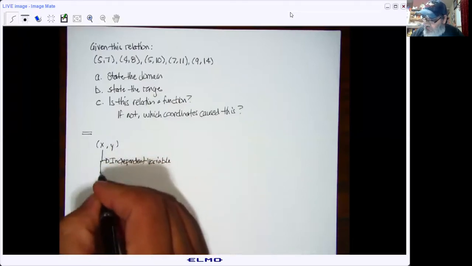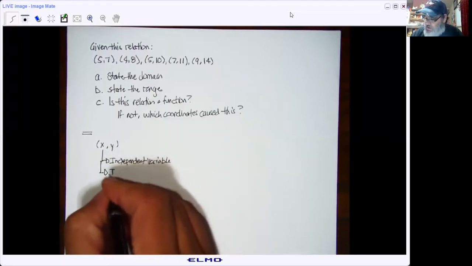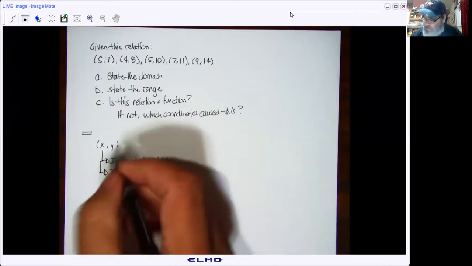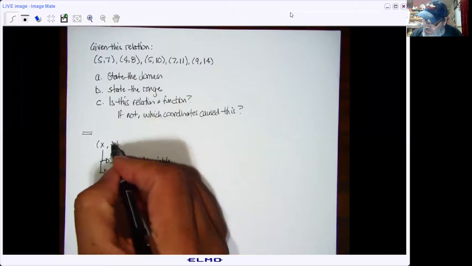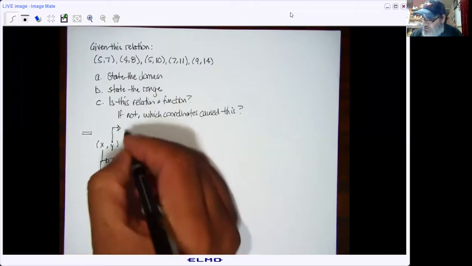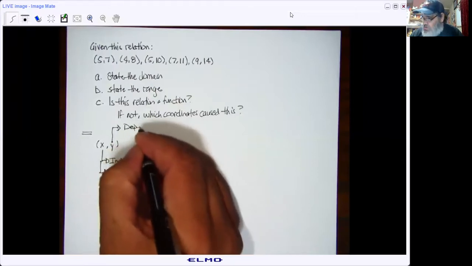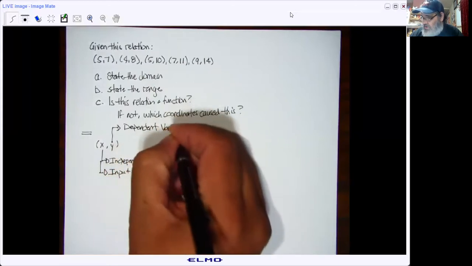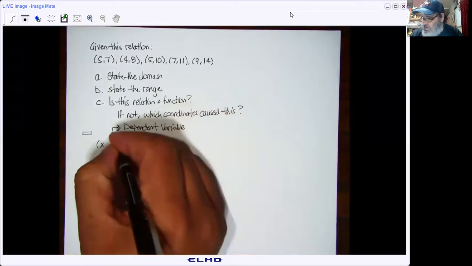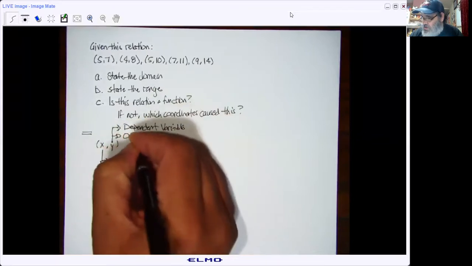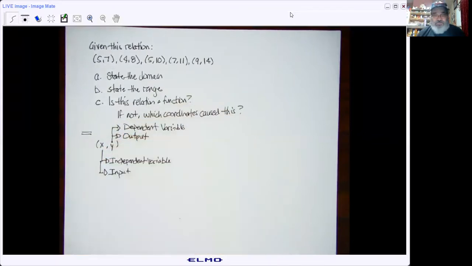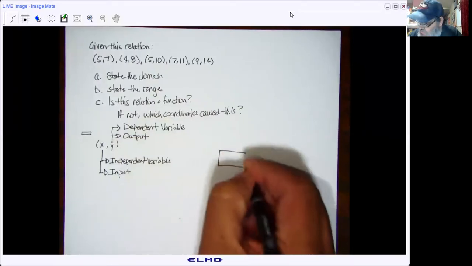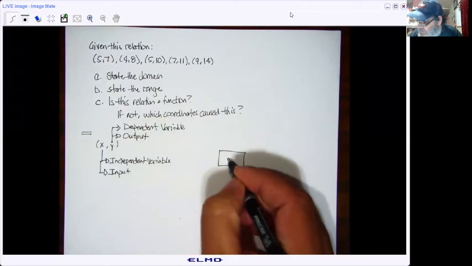It's also, for our purposes, we're going to call it the input, okay? The Y is our dependent variable, and we're going to call it our output.